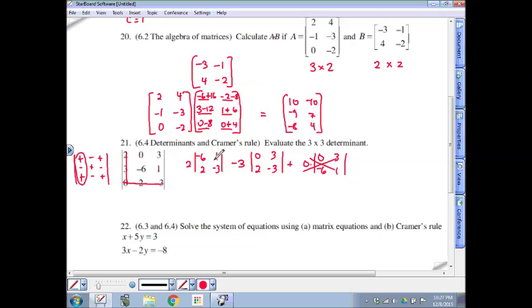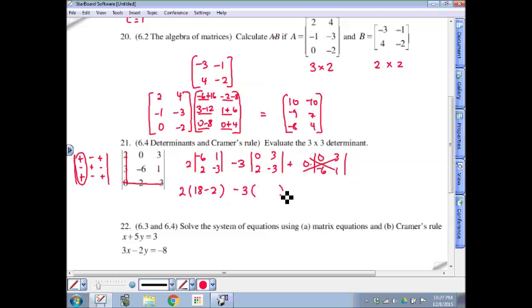Now, these aren't just matrices. This is a determinant. You need to find a determinant here. So to find the determinant of a 2 by 2 matrix, it's this cross multiplication, negative 6 times negative 3, which is 18, minus the other multiplication, 2 times 1.